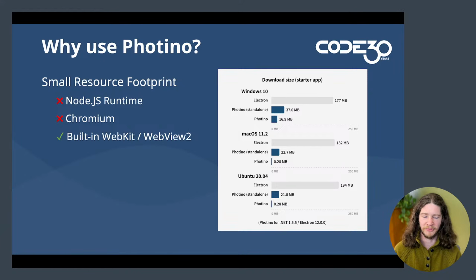And if you are distributing your application as a framework dependent application, you can see here that on especially macOS and Ubuntu, the file sizes are extremely small. Now you can also see that standalone with the .NET runtime bundled is also a lot smaller than an Electron app.